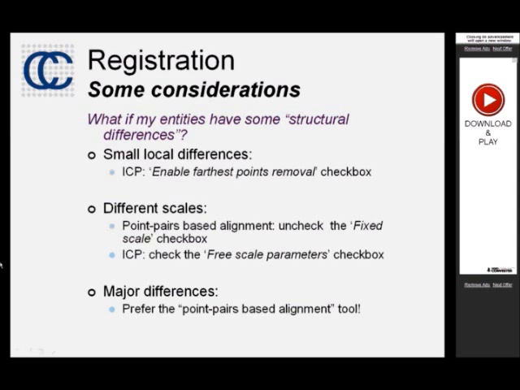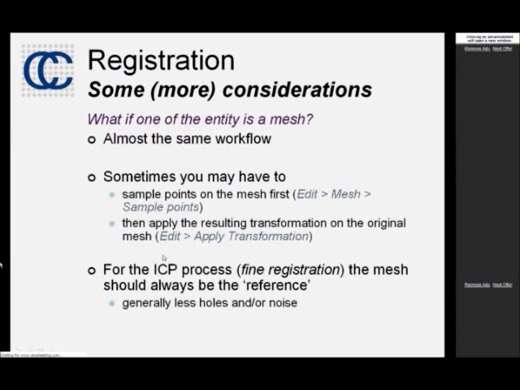It will be easier to understand. And if the clouds have different scales, there is the appropriate checkbox in both the ICP tool and the point pair-based alignment tool. And if it's major differences, if both clouds have almost nothing in common, you are bound to use the point pair-based alignment tool. The ICP won't do.